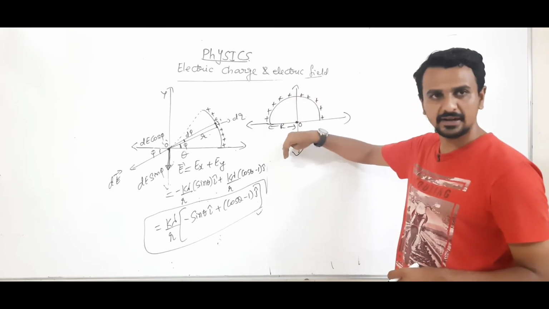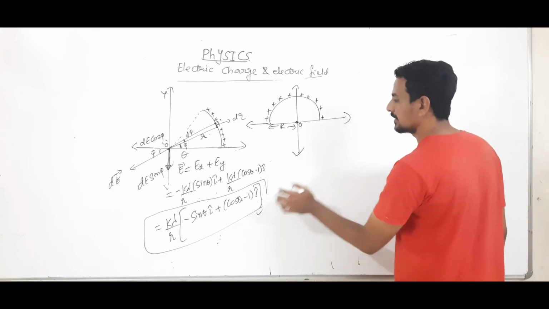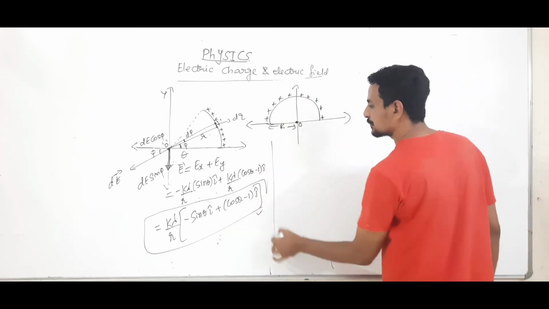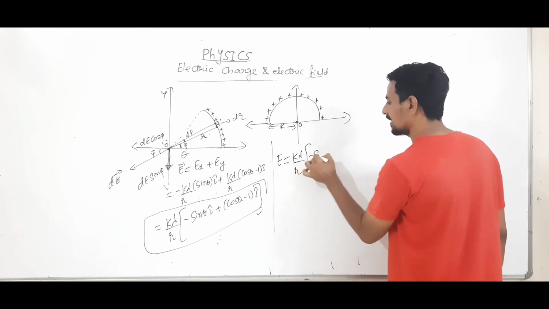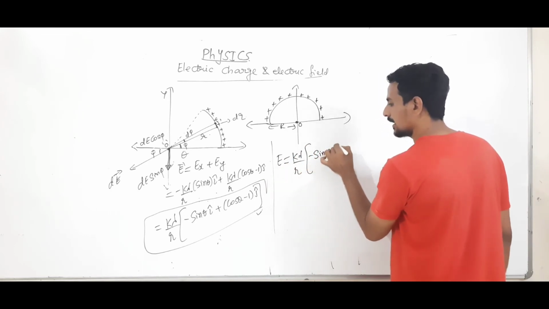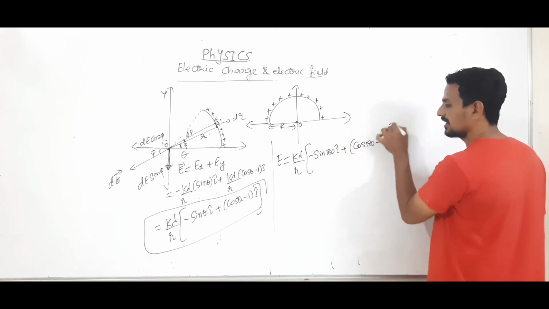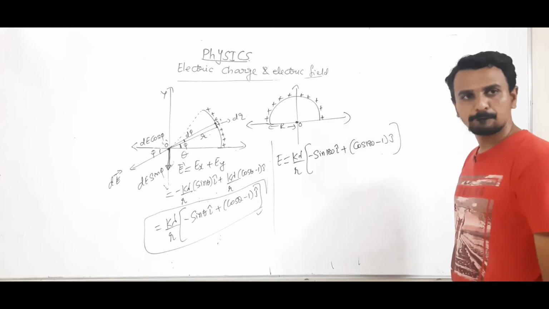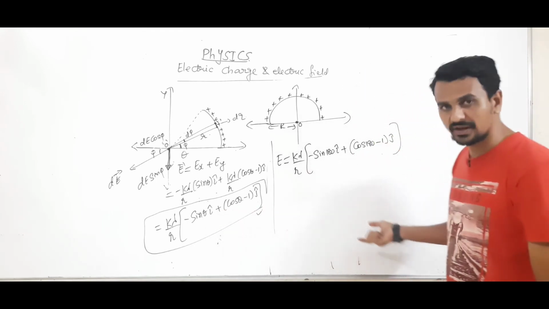Theta will be 180 degrees. Charges are distributed from 0 to 180. Substitute theta equals 180. We will have k lambda by r times minus sin 180 i plus cos 180 minus 1 j caret. We have just used this formula and substituted theta equals 180 degrees.